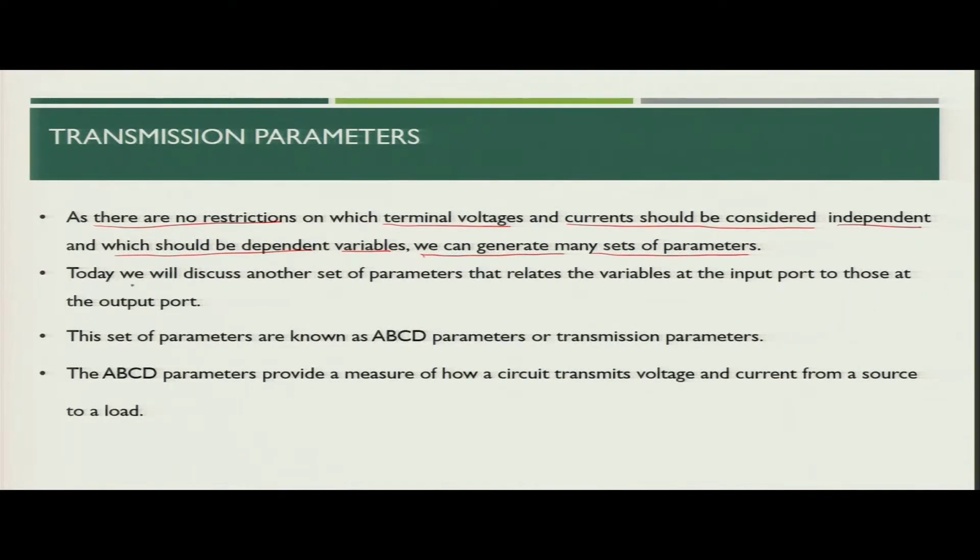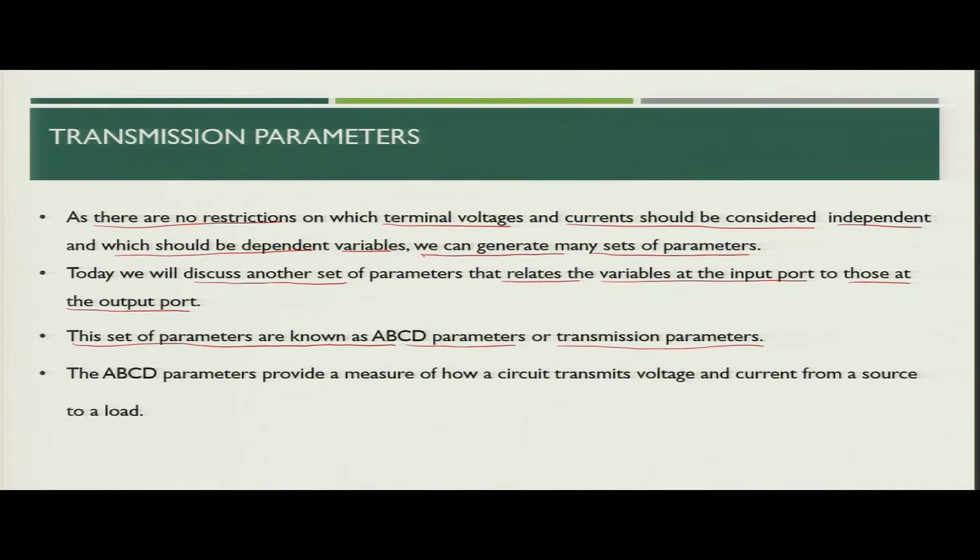Today we will discuss another set of parameters which relates variables at the input port to those at the output port. That means V1, I1, the variables we get at the input port, will be related with the output port variables V2 and I2, and this set of parameters is known as ABCD parameters, or transmission parameters.